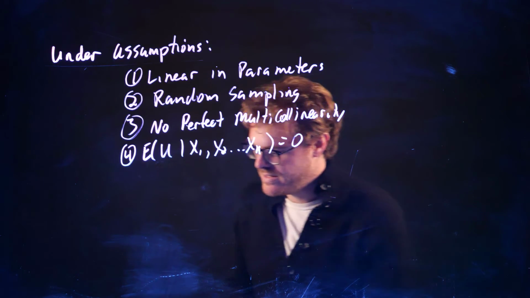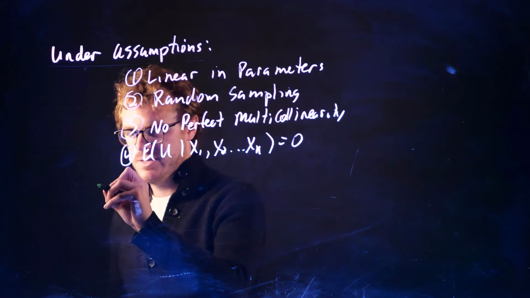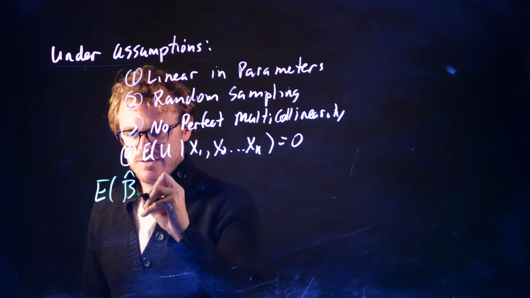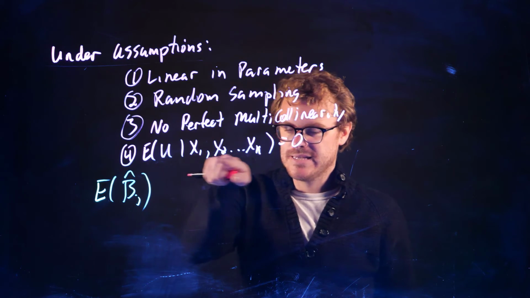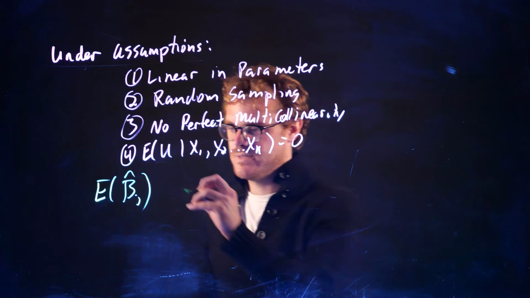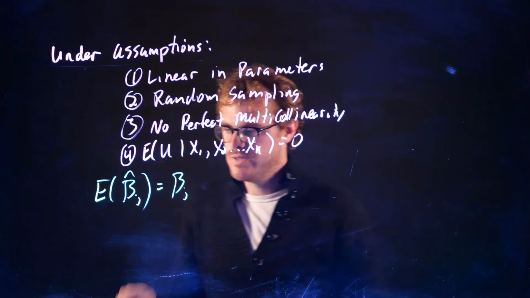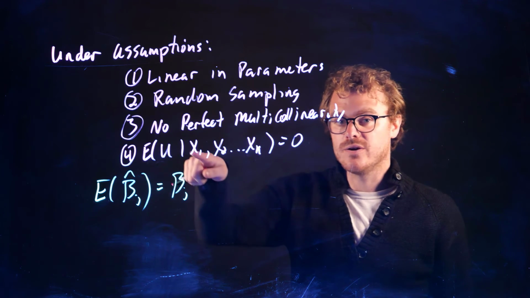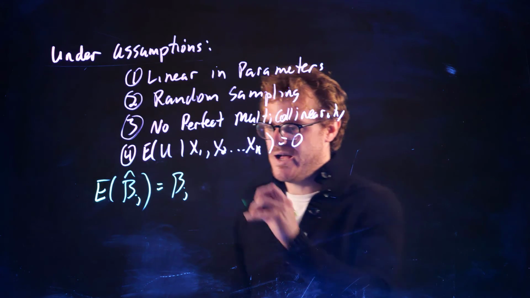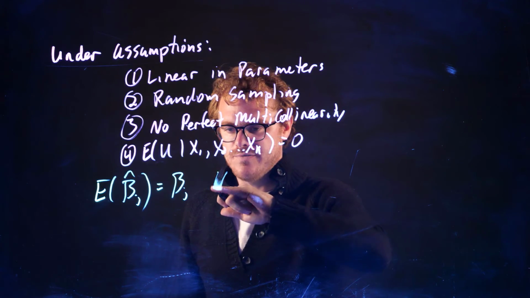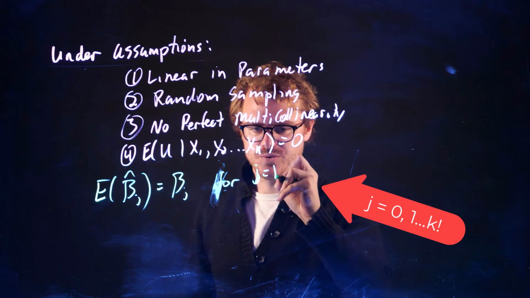Remember, that's the big one that was failing all the time in simple regression. So under these assumptions, the expectation of beta hat j, so any one of our k independent variables, is equal to the true value of the parameter, for j equals 1 to k.